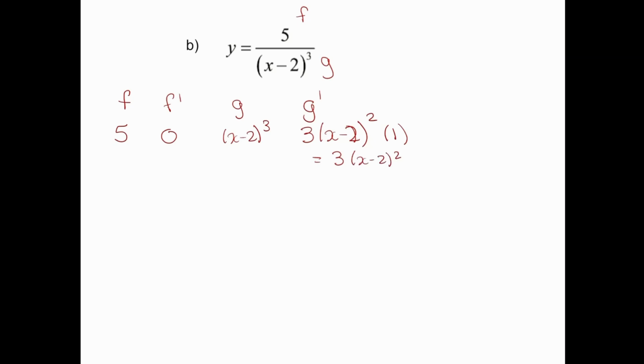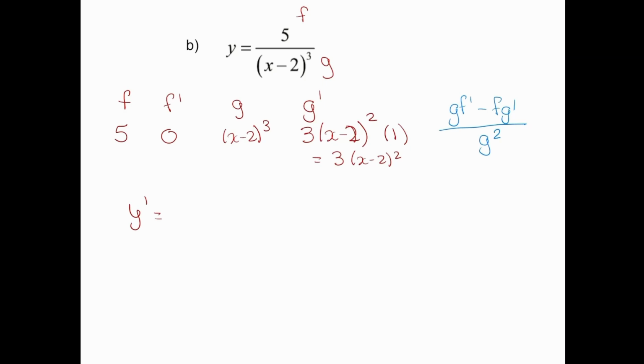Now we're going to apply that quotient rule. Just as a reminder, our quotient rule is low d high minus high d low all over low low, or the bottom squared. So our derivative is going to be low d high.